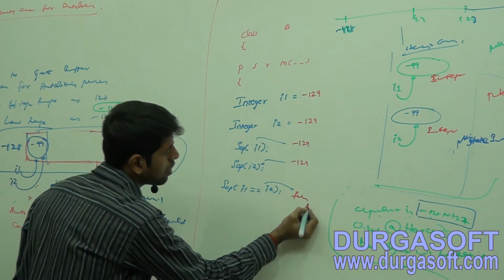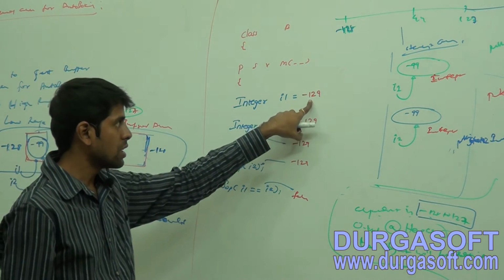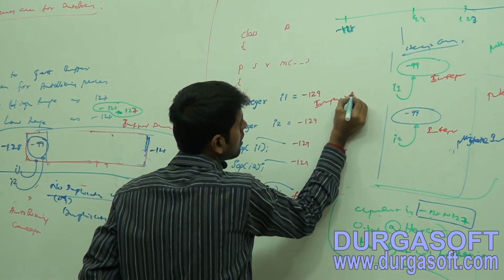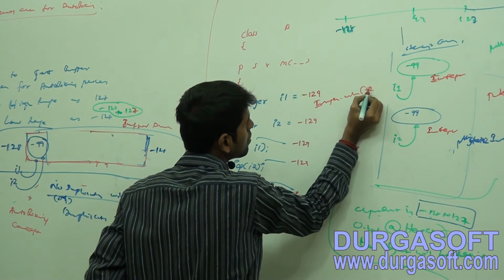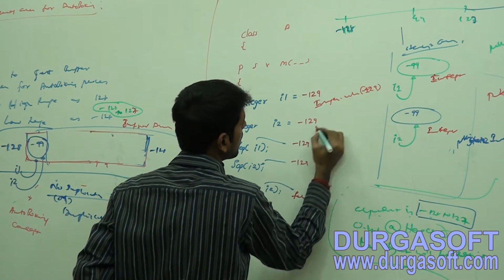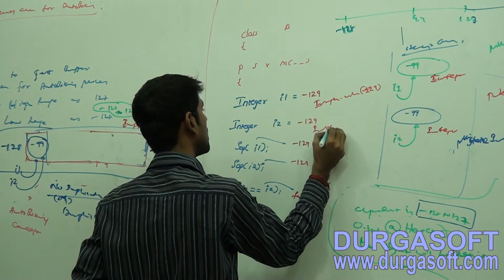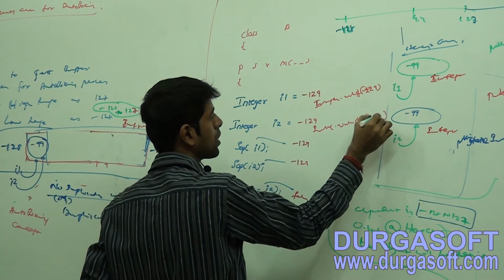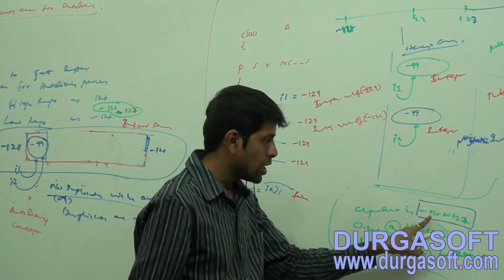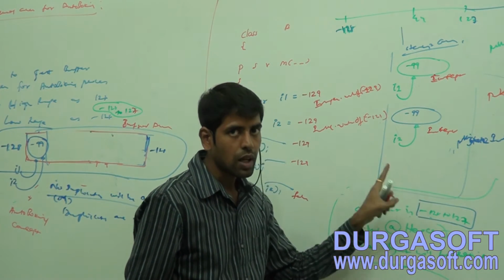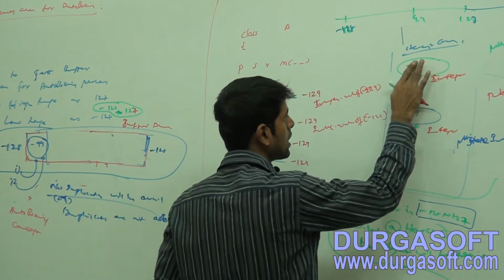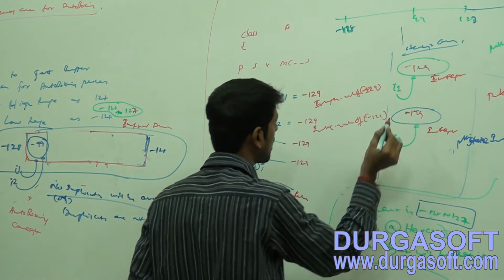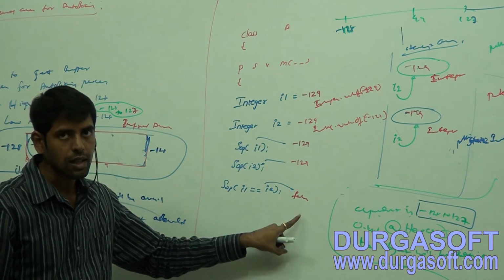False, because observe, this here is Integer.valueOf of minus 129, and here also Integer.valueOf of minus 129. Both the values are not within this range. What happens? These objects will be created at the heap area. So here you will get the answer as false.